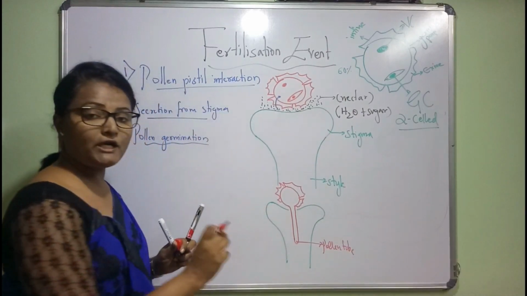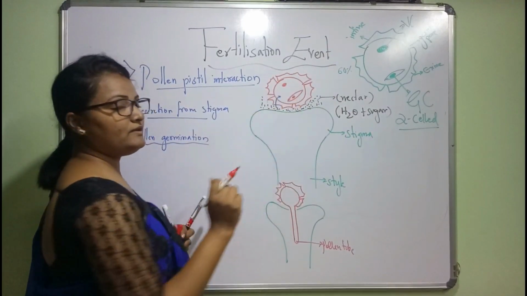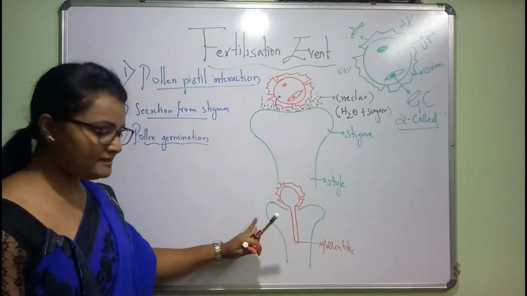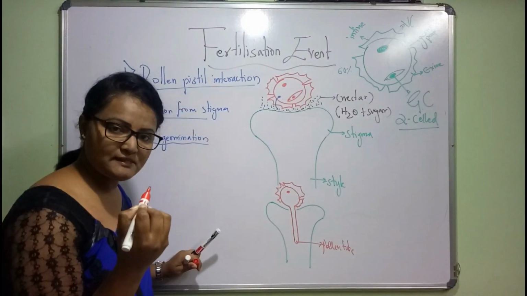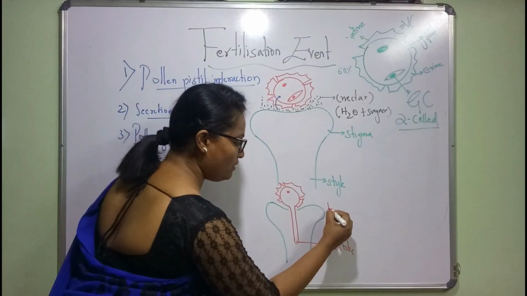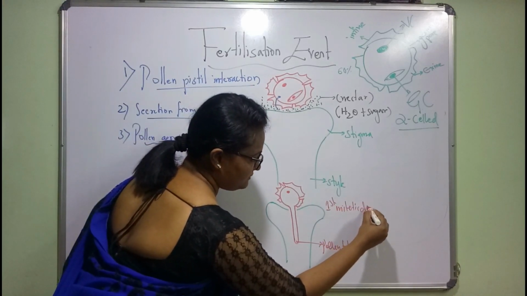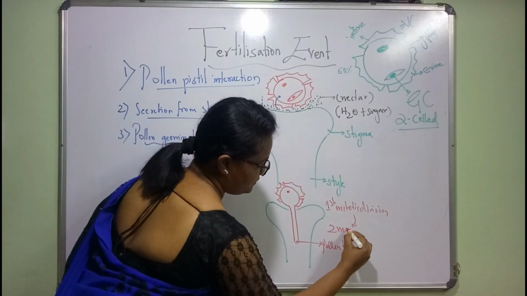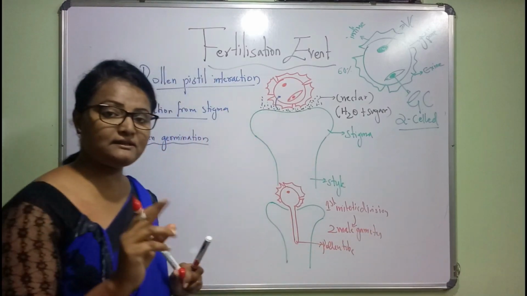The formation of pollen tube from the vegetative cell, the bigger cell, we call pollen germination. At this stage, there will be the vegetative cell's nucleus, and the generative cell undergoes first mitotic division and forms two male gametes, as we have studied in the three-celled stage.